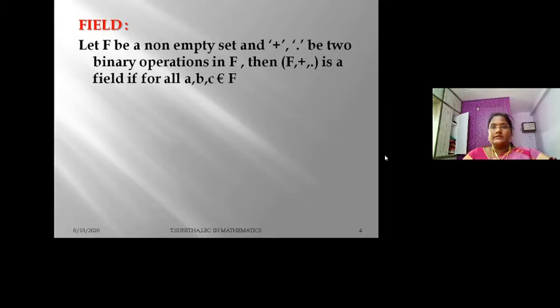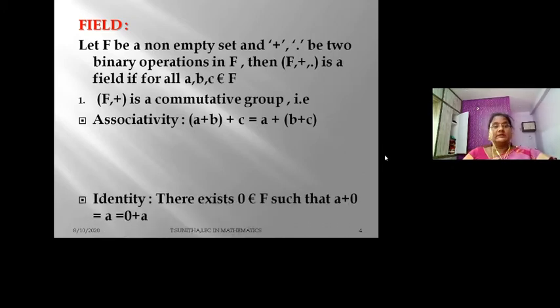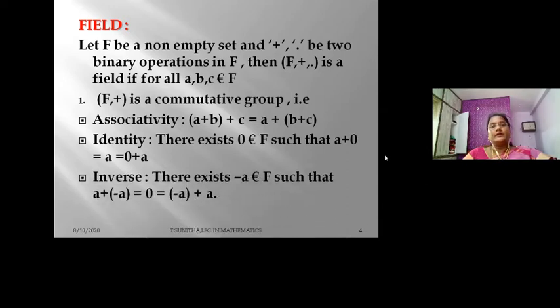See here, for a group we simply say (G, +) is a group, but here we have to take two operations. (F, +, ·) is a field when, for all a, b, c belongs to F, (F, +) is a commutative group. Commutative group means the closure property is already there, so associativity, identity property, inverse property and commutative property should be satisfied. Then F is called a commutative group with respect to plus.